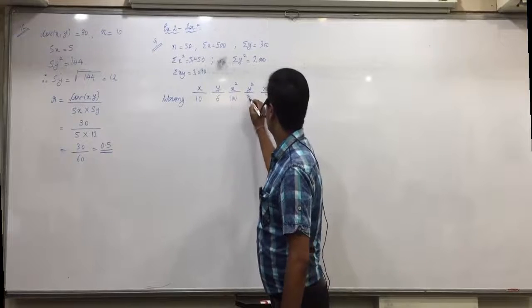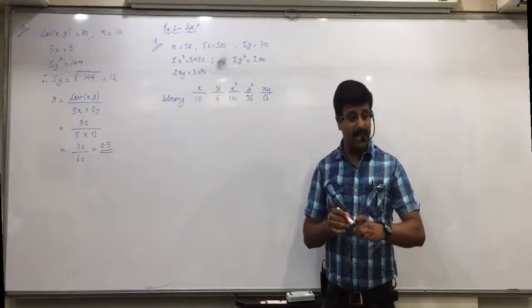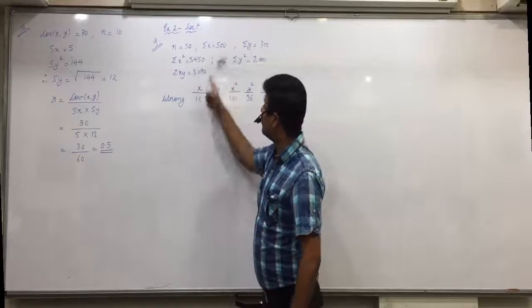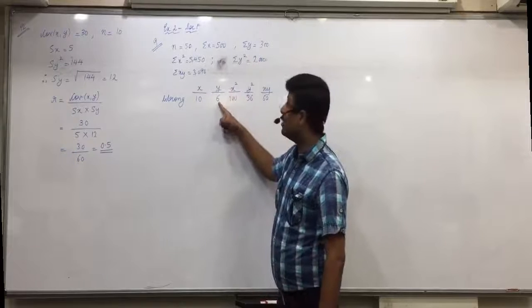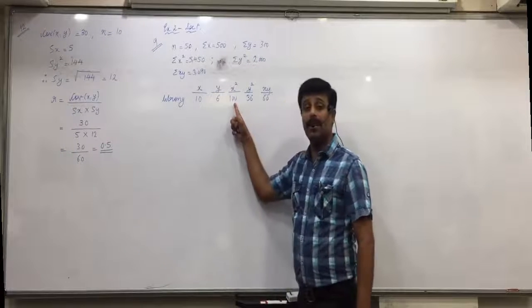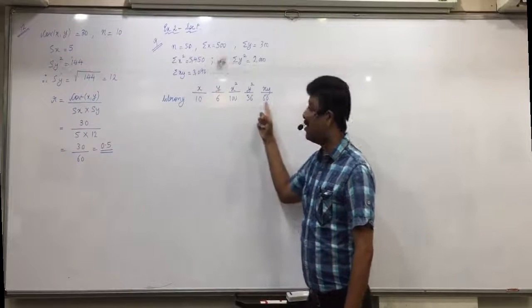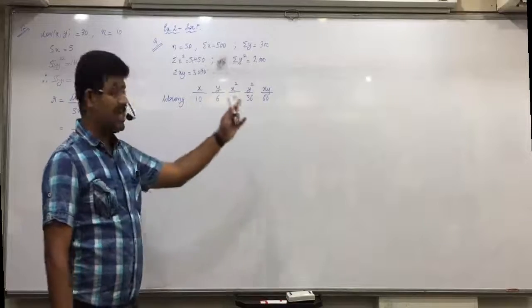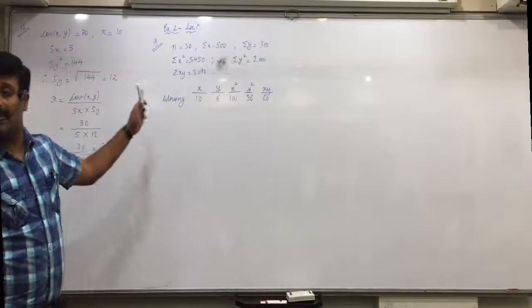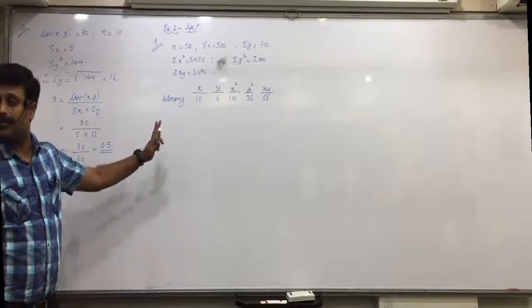Y square, 36. xy, 60. So now it will become very simple for you. From sigma x you will minus 10, from sigma y you will minus 6, from sigma x square you will minus 100, from sigma y square you will minus 36, and from sigma xy you will minus 60. Did everyone understand this? The same workings we had done throughout the chapter, write it down the same way. Anyone having any confusion in this?